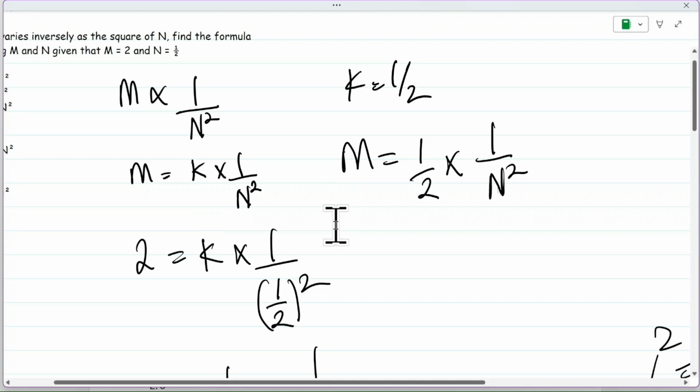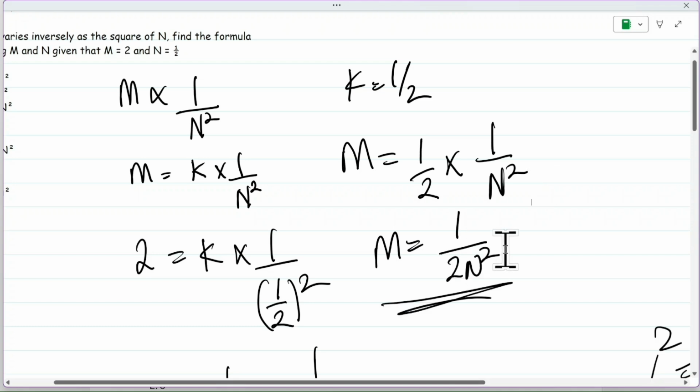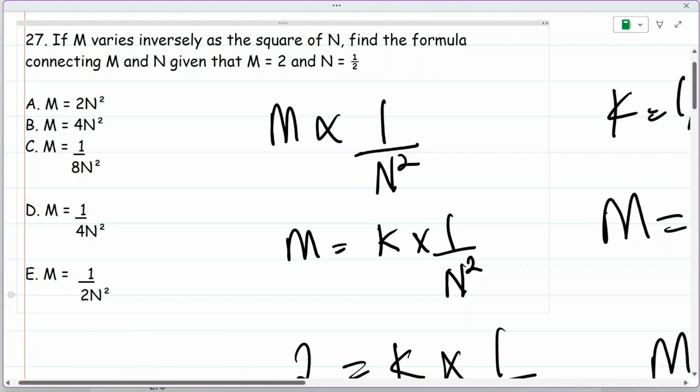M equals, this is just simply multiplying fractions. 1 times 1 is 1 over 2 times n squared is 2n squared. Our answer is therefore m equals 1 over 2n squared. The answer to question 27 is E, which is m equals 1 over 2n squared.